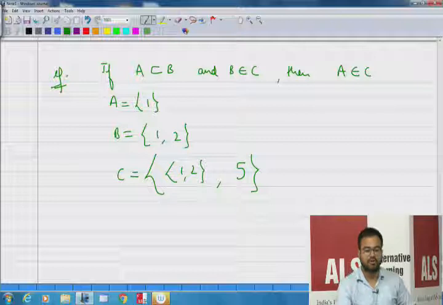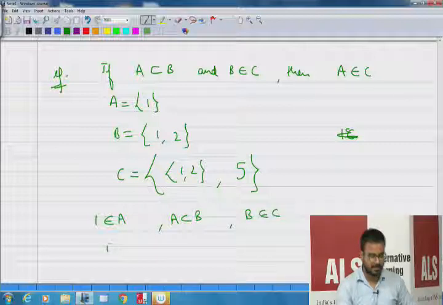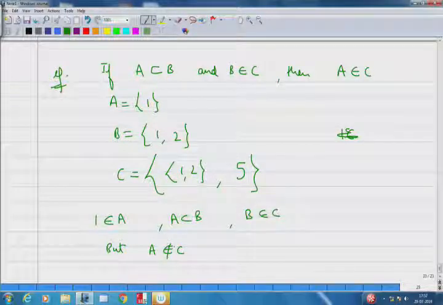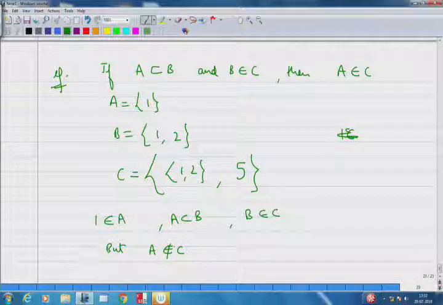Therefore, you can write like this: 1 is an element of A, A is a subset of B, and B is an element of C, but you can say that A is not an element of C. By taking this example, you can say. Getting it? समझ में आ रहा है?